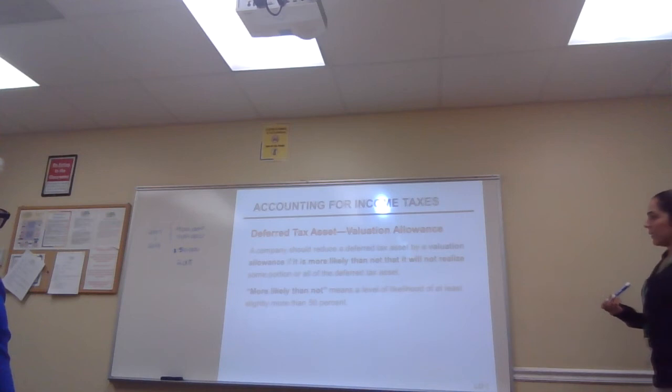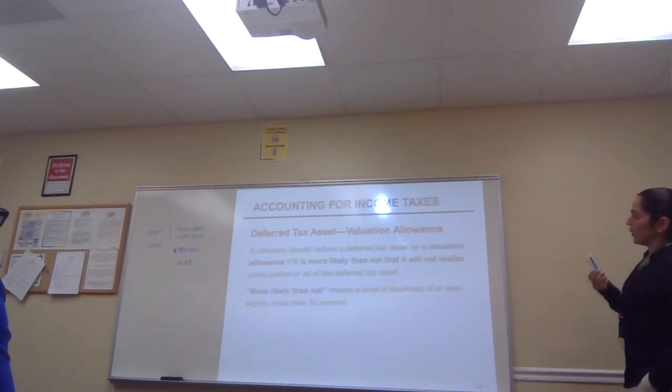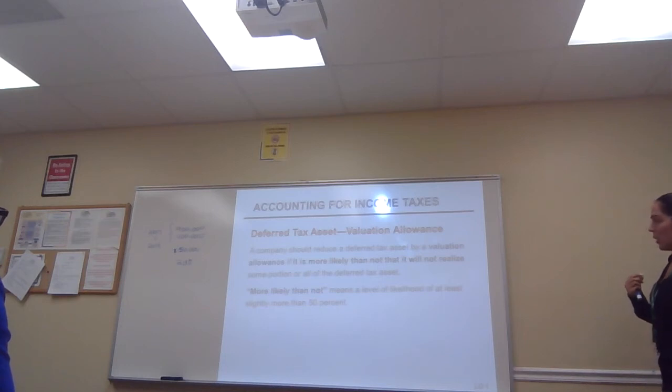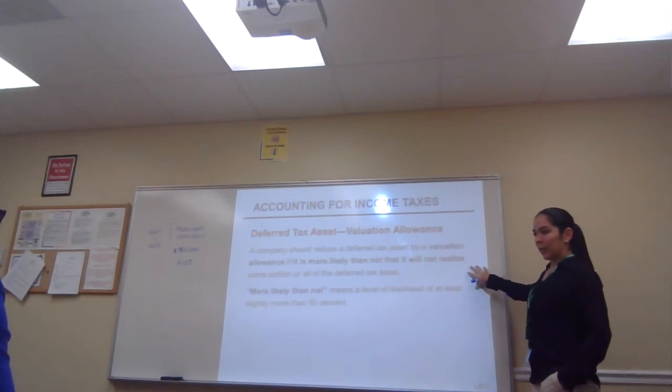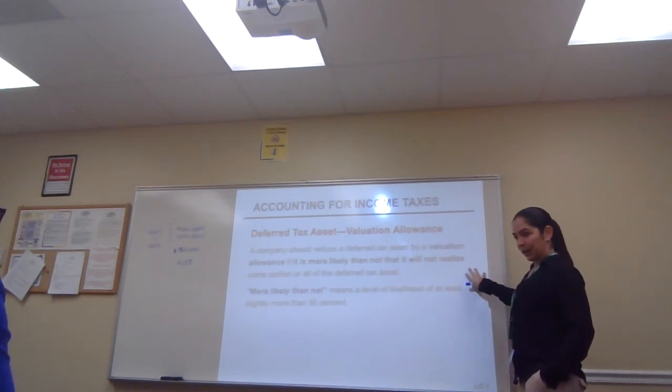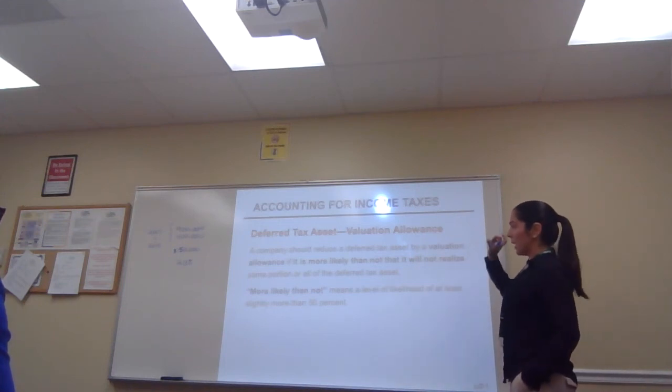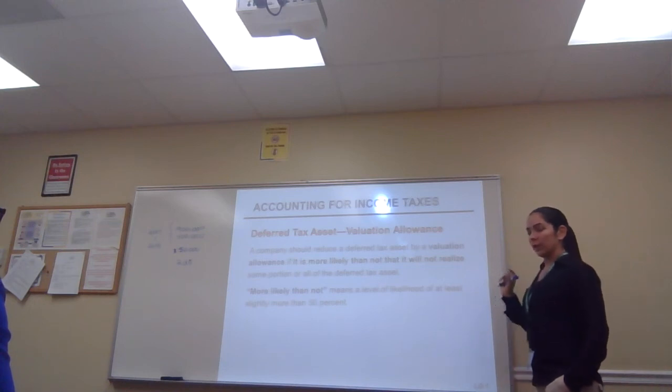So deferred tax asset valuation allowance: a company should reduce a deferred tax asset by a valuation allowance if it's more likely than not that it will not realize some portion of the deferred tax asset. More likely than not means a level of likelihood of at least slightly more than 50%. So if the business does not believe that they're ever going to get the benefit of that tax asset, then you have to come up with a valuation account of what you think you would never get the benefit for.